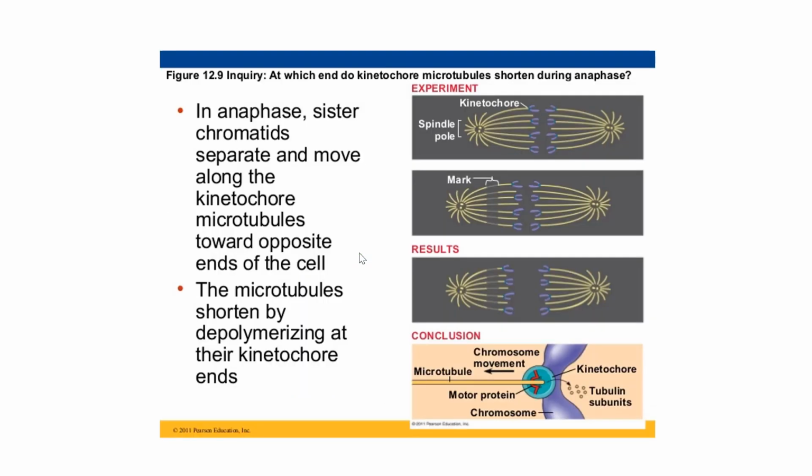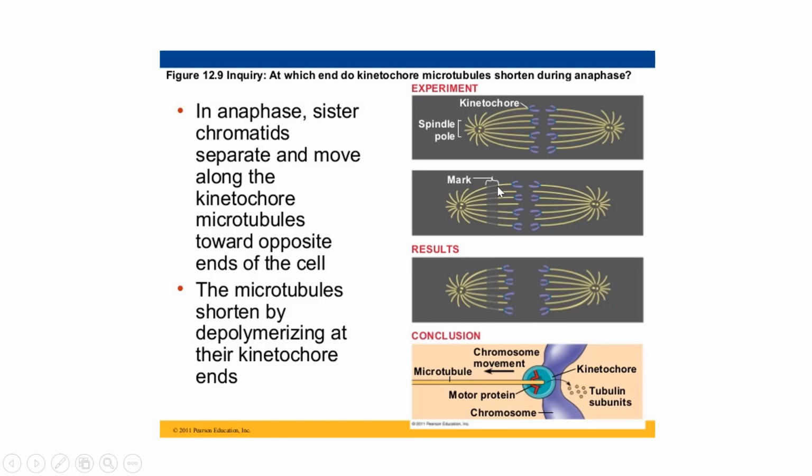And so there are actually two pieces going on. This is out of a genetics textbook, and it's showing you some research that was done to try to figure out where the microtubules, the kinetochore microtubules, are actually shortening.